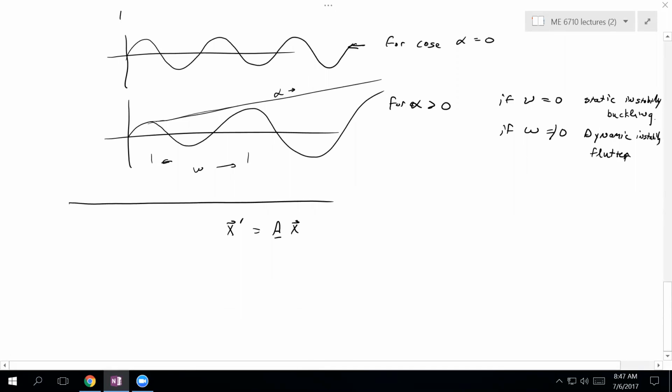I can now solve this problem in the same way. The difference is, rather than having a single characteristic polynomial, I get a system of these. I would assume a solution, and the solution becomes the solution to the eigenvalue problem.